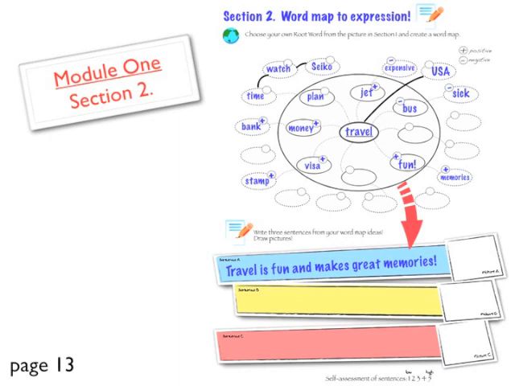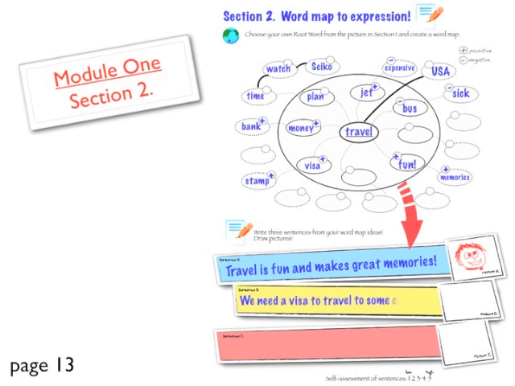So we have the sentence here, travel is fun and makes great memories. And I asked them to draw a picture, so we have this little cute picture here now. This kid is having fun, I guess. Or perhaps thinking back. Great memories. Well, that's probably it.